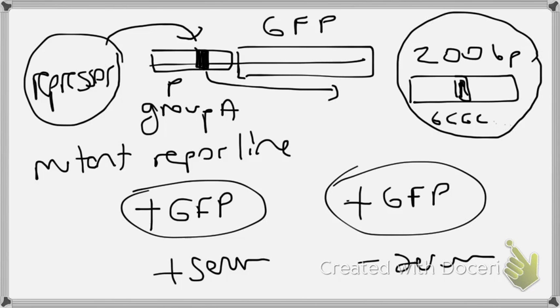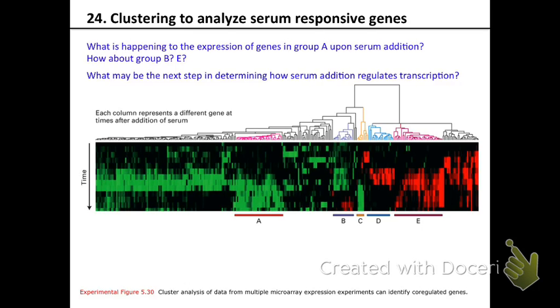What are you guys going to do? You learned about this too. You have a DNA fragment that has a certain motif. You want to find out what transcription factor, in this case a repressor, binds to this motif. You're going to fish out the transcription factor. What are you guys going to do?